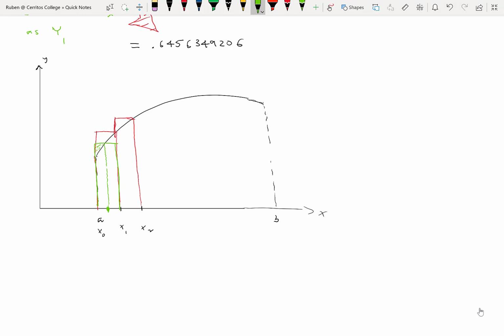It doesn't go high enough to pick up the stuff that I'm shading off again. So we have an underestimate from half the rectangle and an overestimate from the other half. What's happening with the errors when we consider the entire first subinterval? The errors are sort of canceling each other out.